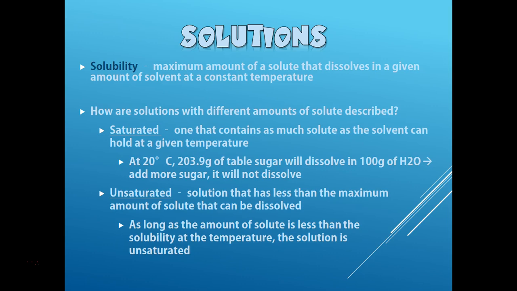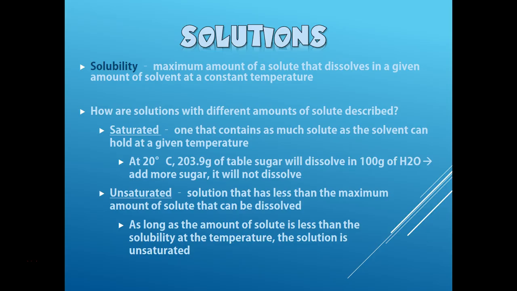If I've got a solution sitting at 20 degrees Celsius and I have 100 grams of water, I can only add, at that temperature, in that volume, of that solvent, of this solute, 203.9 grams of table sugar. That's its max. And that's what we talk about as a saturated solution. I have dissolved as much of my particular solute in that given amount of that solvent at that particular temperature.